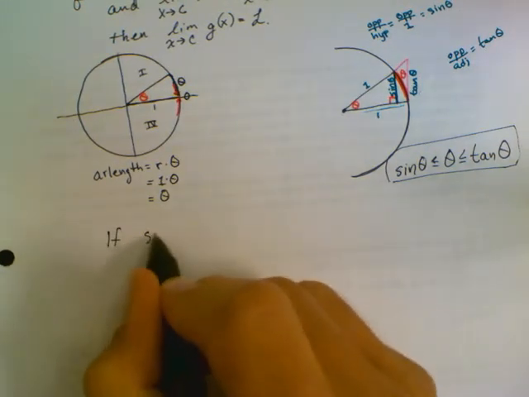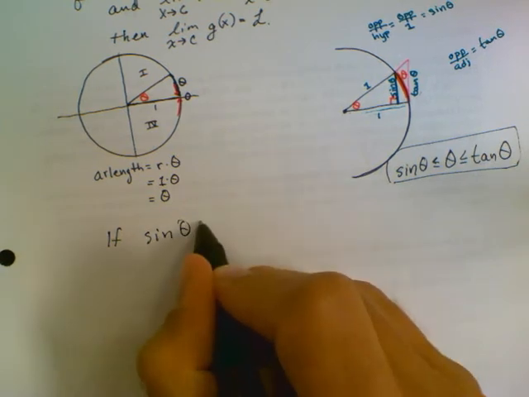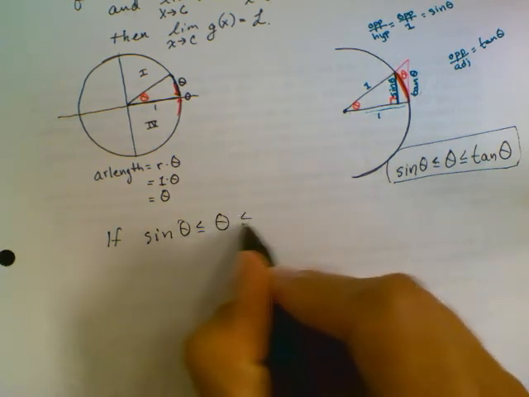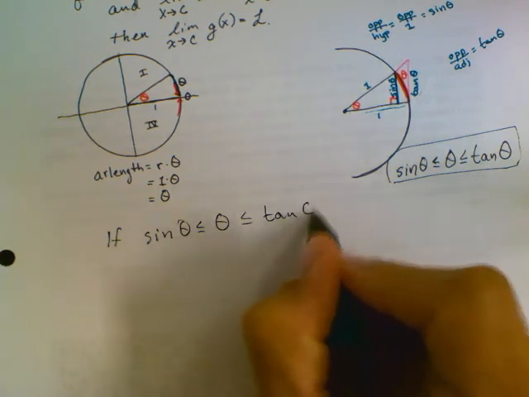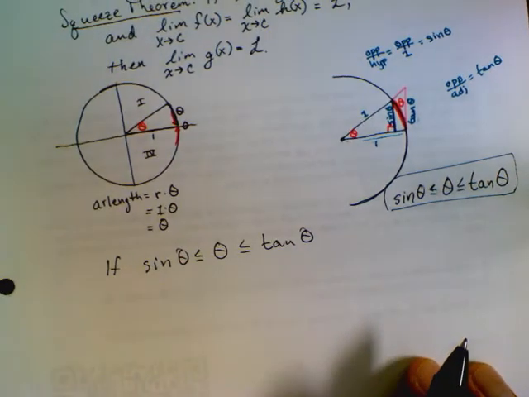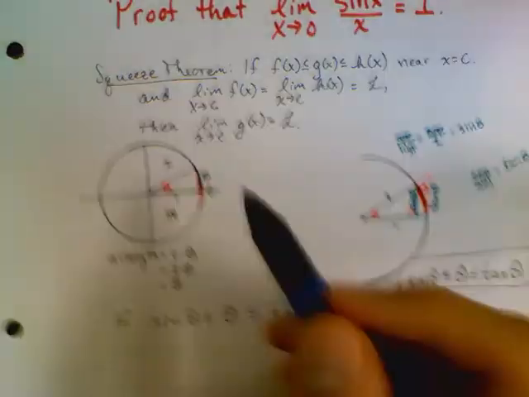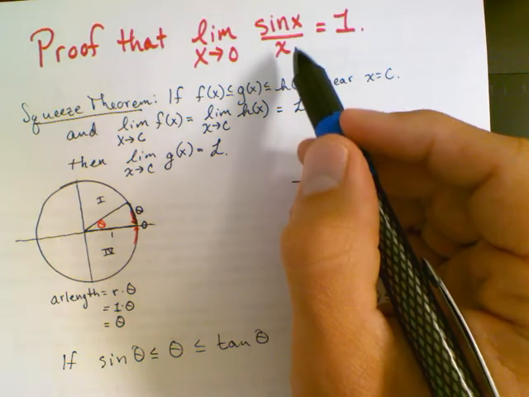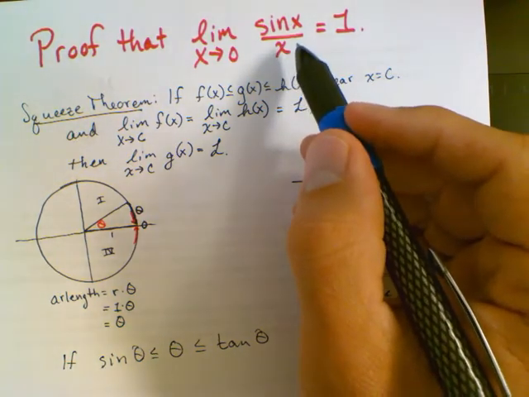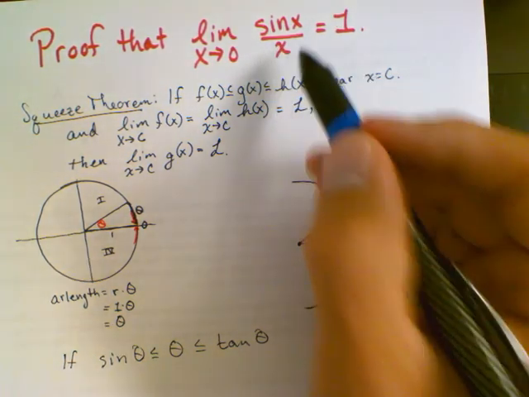If sine theta is less than or equal to theta, which is less than or equal to tangent theta, then let me see, what we're trying to do is get sine x over x, right? And in this case, we're going to use theta. So sine theta over theta.